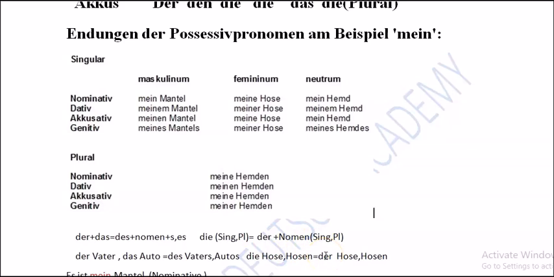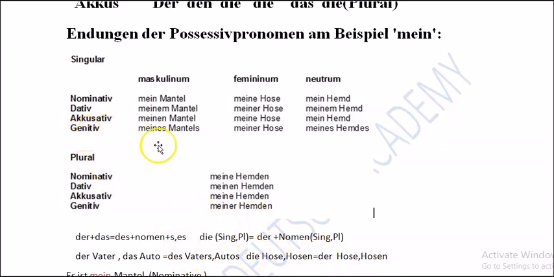The article is changed to der, and we write both forms, when it is a singular noun and when it is a plural noun. So we say der Hose and der Hosen. In such a manner, these are changed.